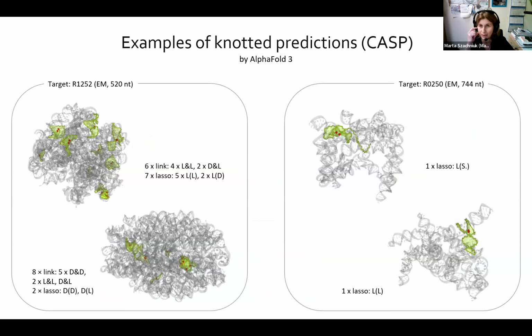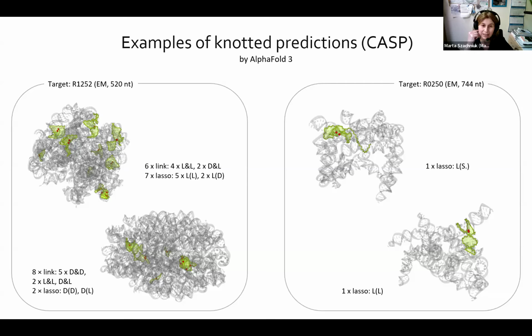There are other examples of predictions provided by AlphaFold 3. In this case, we looked into the structure from a local perspective, and we tried to find out whether these predictions contain any entanglements of structure elements, so any collided structure elements.